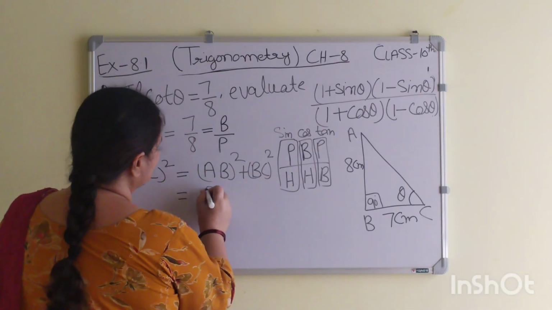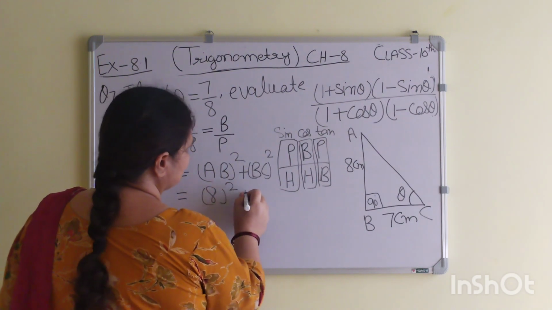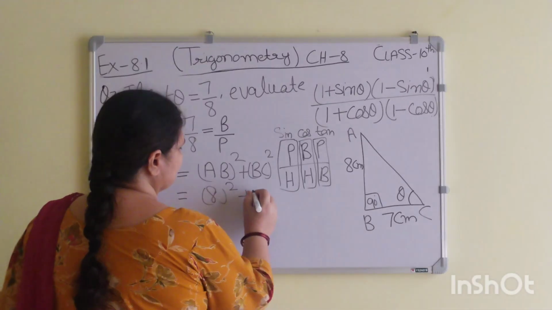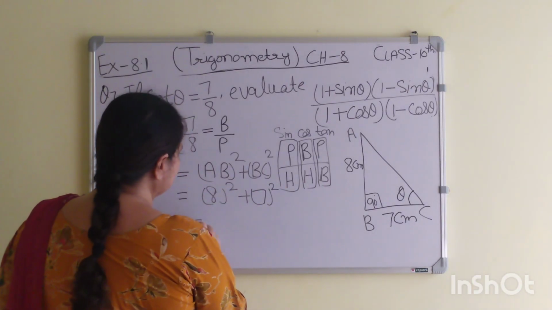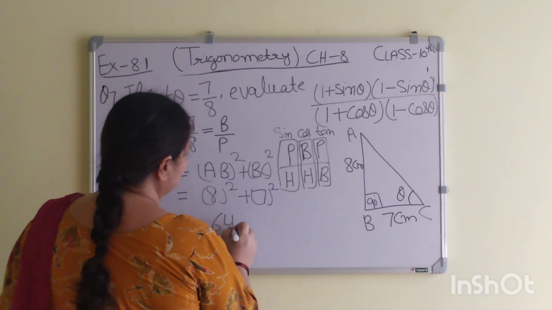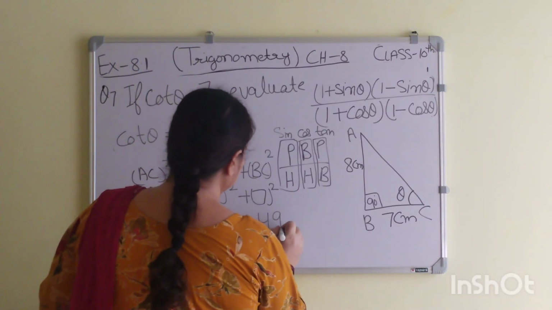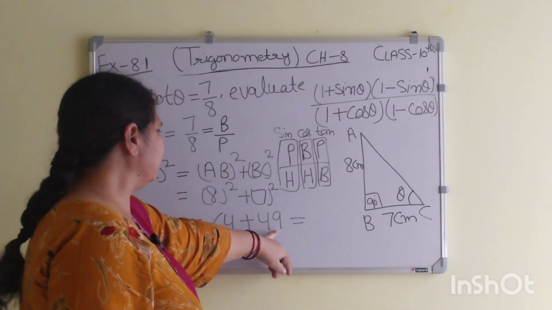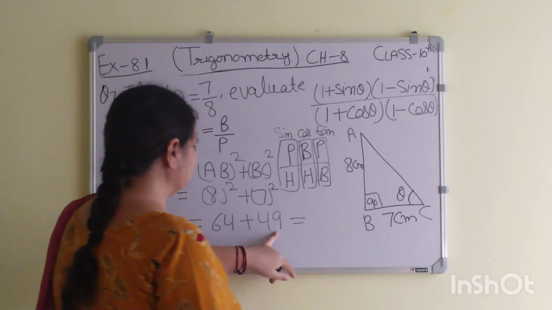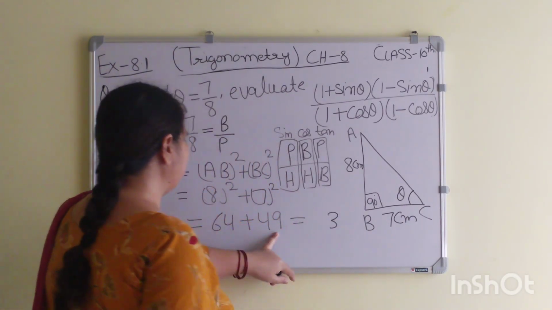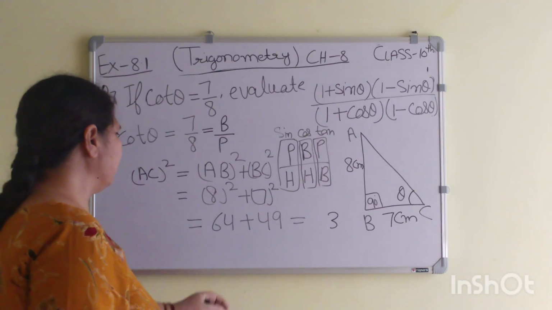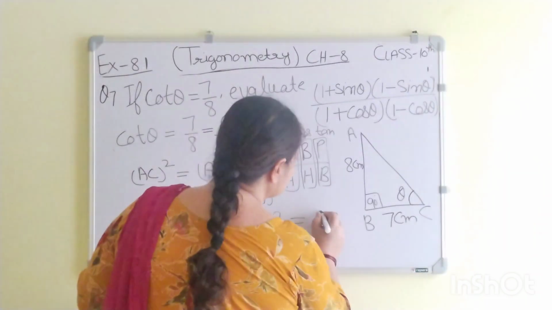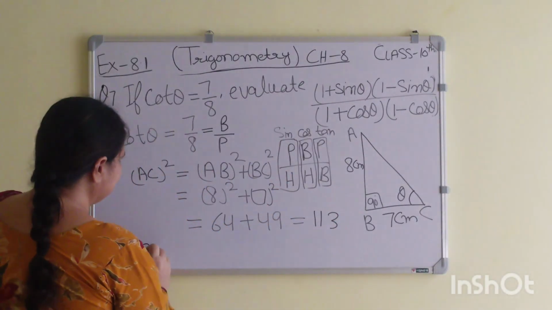AB is 8, so 8 whole square is 64, and the value of BC is 7 centimeter, so 7 whole square is 49. 64 plus 49 is equal to 113.